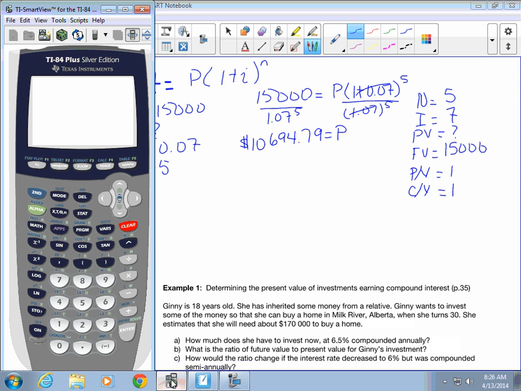On your graphing calculator, remember you have to go into apps, then finance, TVM solver. So N is 5, interest rate is 7, present value is what we're trying to find, so payment stays at 0. Future value is 15,000. Then 1 and 1, go back up, alpha, enter, and $10,694.79 was our answer.